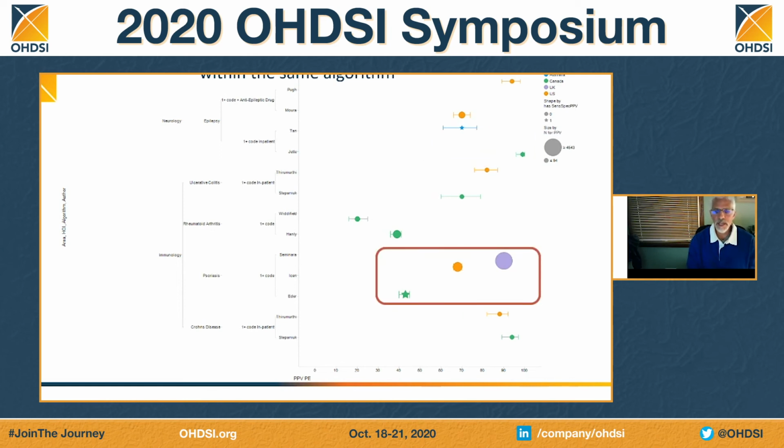And in 3 studies using an algorithm of 1 code for psoriasis, the values for PPV range from about 40% to about 90%. So one of the studies says the algorithm got it mostly wrong, while another study says the same algorithm got it nearly all right.